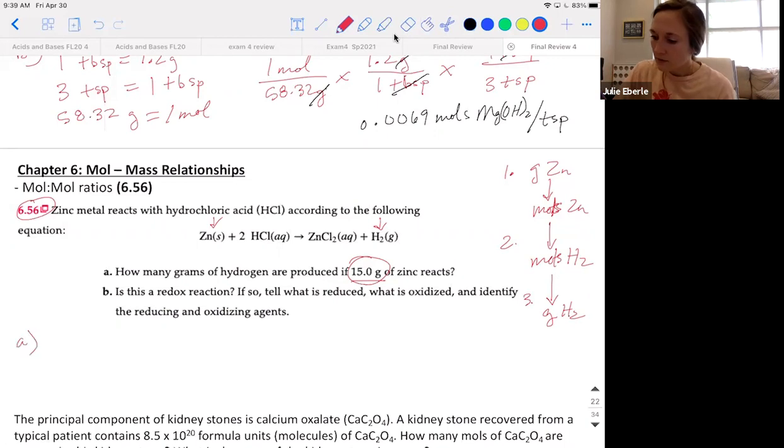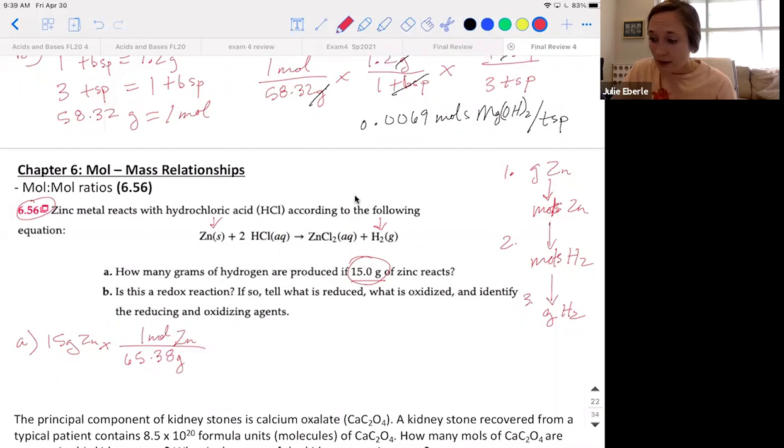So, 15 grams of zinc. What is the molar mass of zinc? You just look at the periodic table. Nothing to calculate here. It is 65.38 grams for every 1 mole of zinc. And please write in the element or the compound.